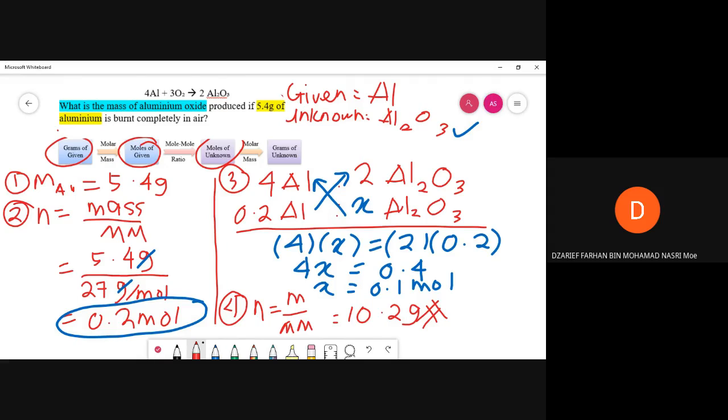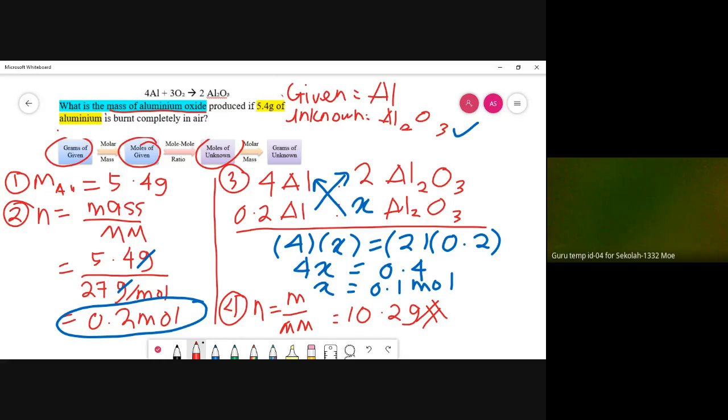The question asks us, what is the mass of aluminium oxide produced if 5.4 gram of aluminium is burned completely in air? So, soalan bagi you maklumat dalam bentuk mass. And it also asks us to find mass for aluminium oxide. Tukar mass dengan mass. So, kita ada mass to mass calculation kind of question.